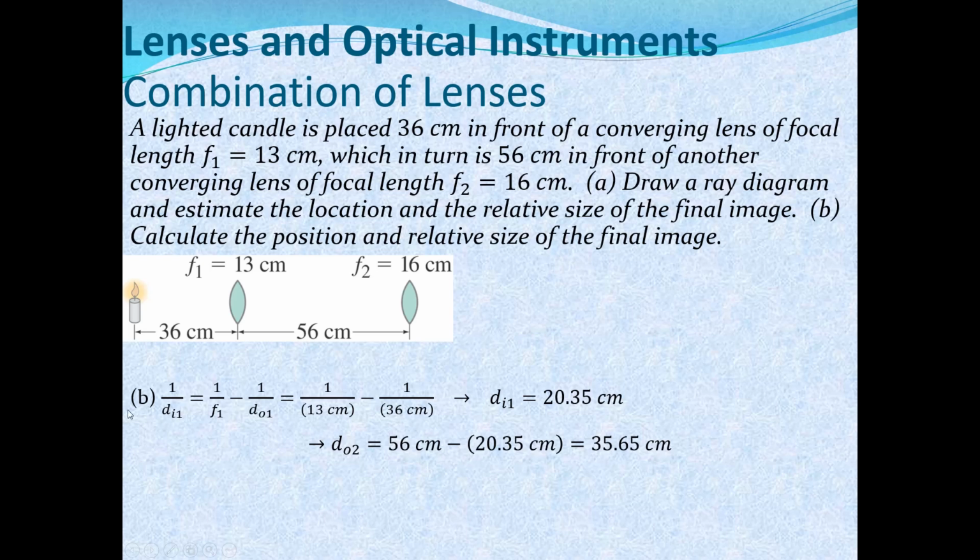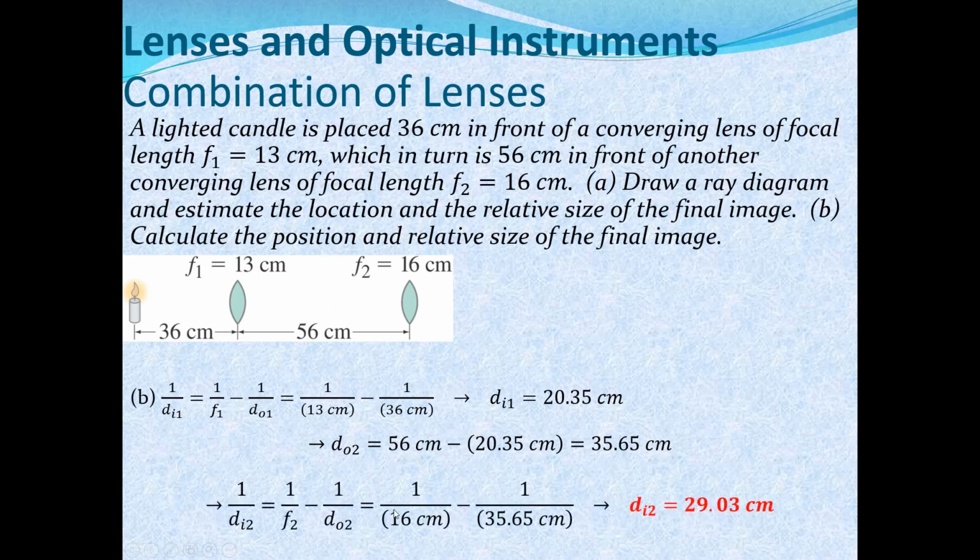We do the lens equation for the first lens to get that the image distance is 20 centimeters from the first lens. And then because of the 56 centimeter separation, we can figure out that it's an object distance of 35 centimeters to the second. Use the lens equation again to find that the final image distance is a little bit under 29 centimeters to the right of that lens.